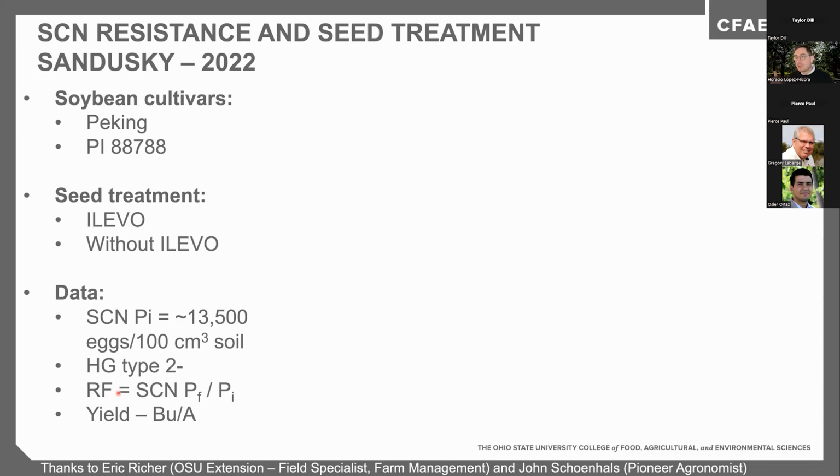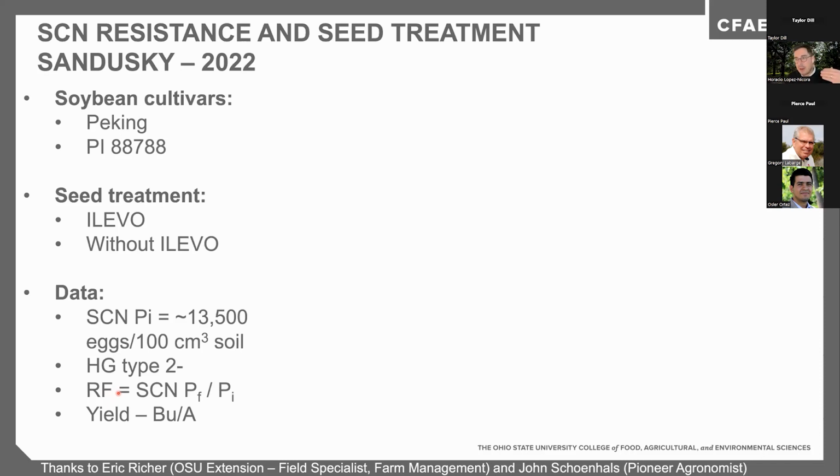If that reproduction factor is above 1, that means that at the end of the season, the nematode increased its population. It was able to reproduce on that soybean, which means that whatever we did did not work.